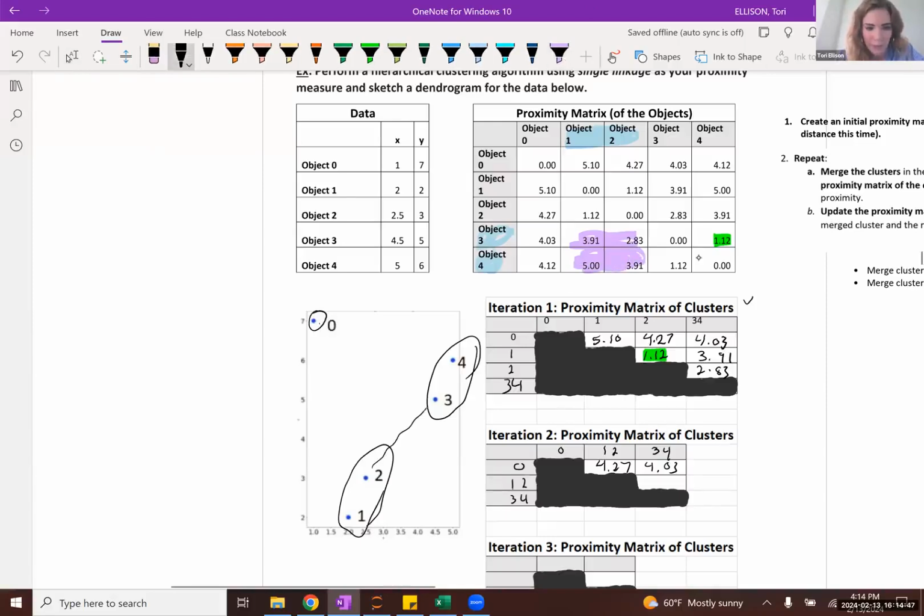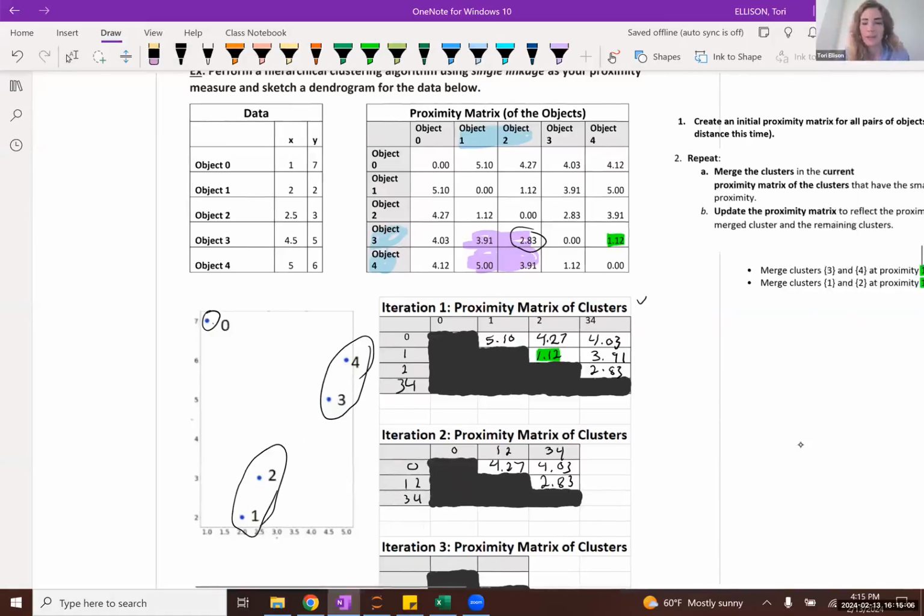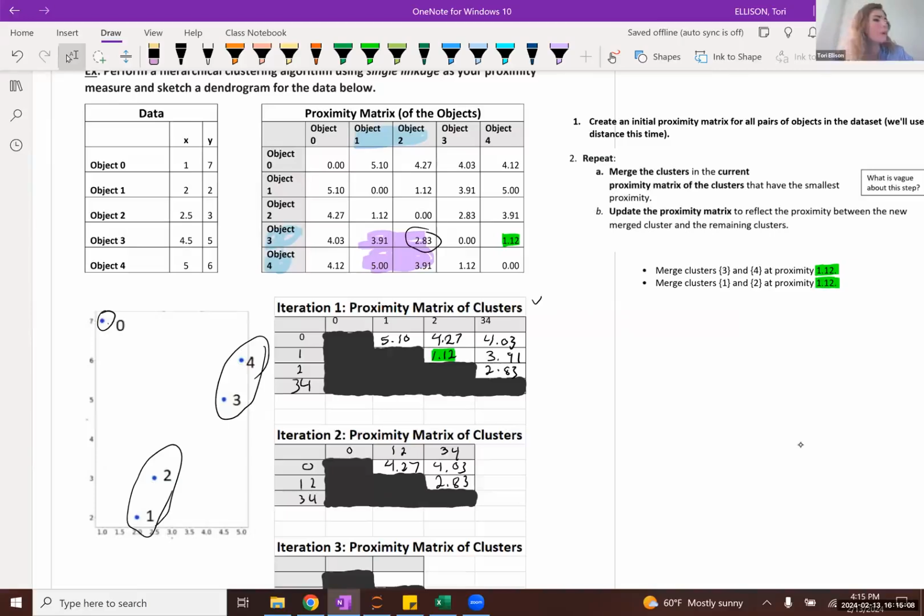So that would be 2 and 3, which have a distance of 2.83. So the distance between 1, 2 and 3, 4 is 2.83. Okay. That completes the second iteration of the algorithm. Any questions on that?